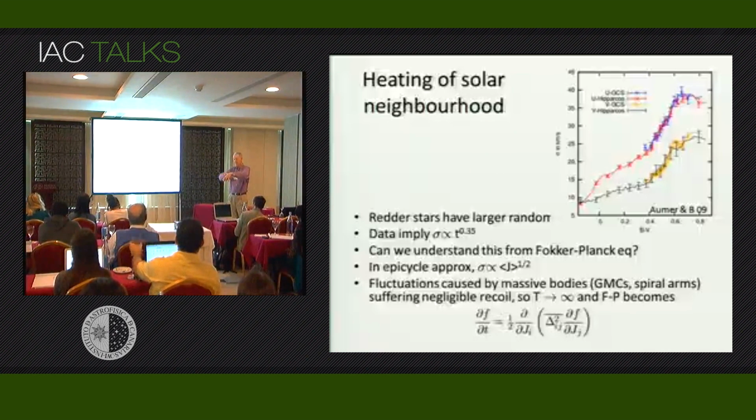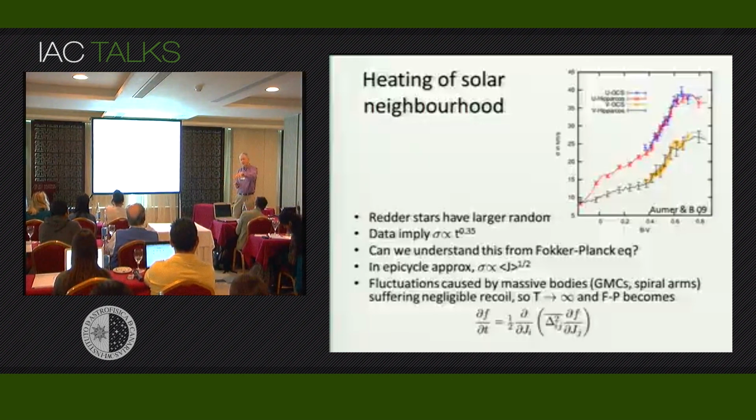Now what that means is, when a giant molecular cloud with 10 to the 5th solar masses encounters some M star, the M star suffers a significant change in its velocity. The question is, does the giant molecular cloud suffer a significant change in its velocity as a result of encountering the M star? The answer is clearly not. It makes negligible recoil. That's the key thing when we're talking about scattering.